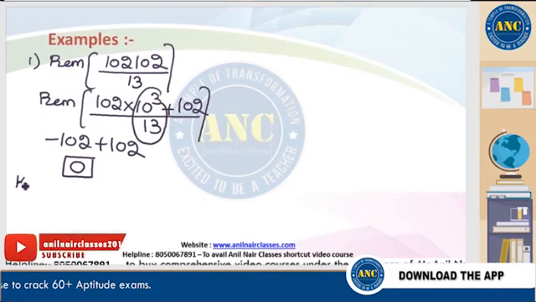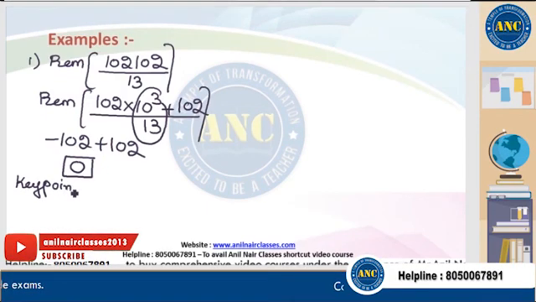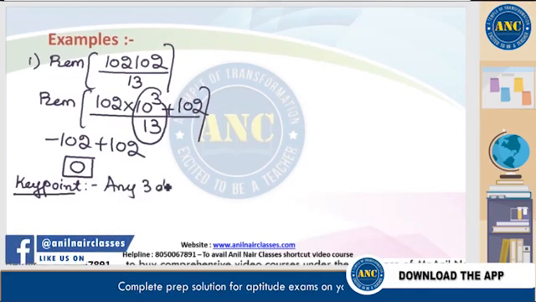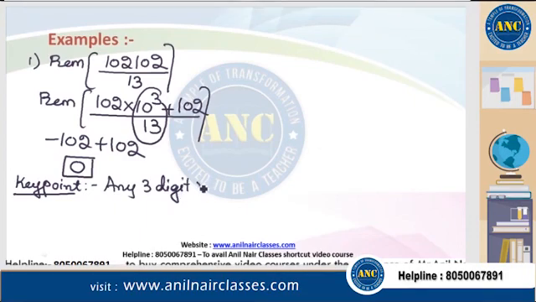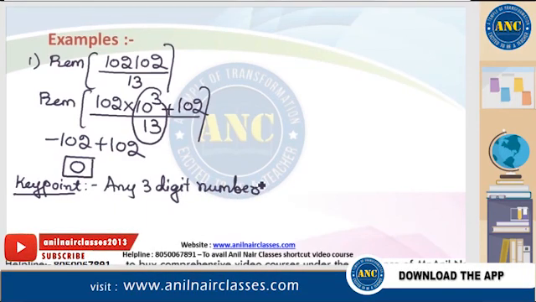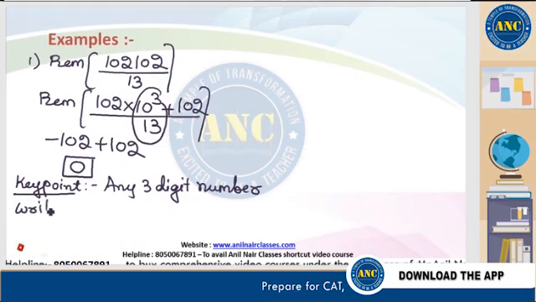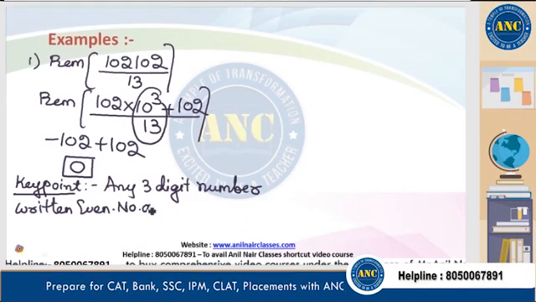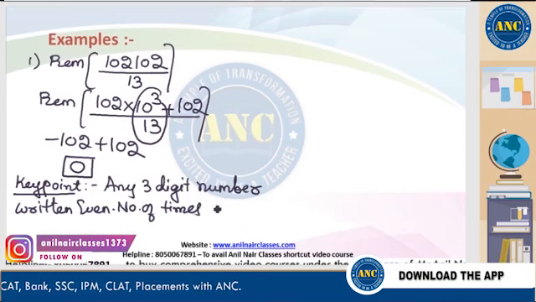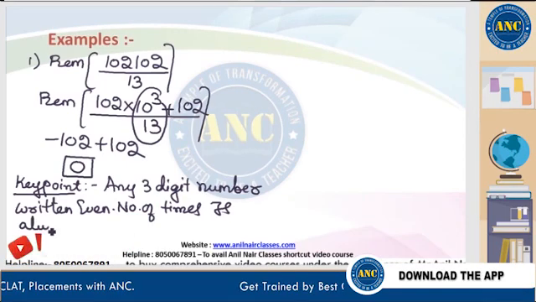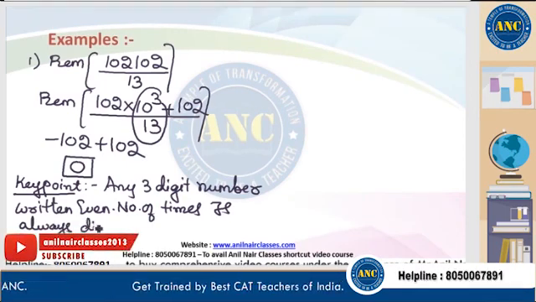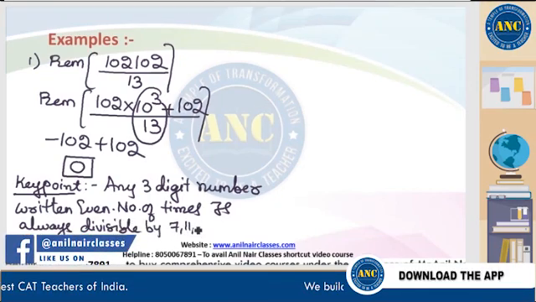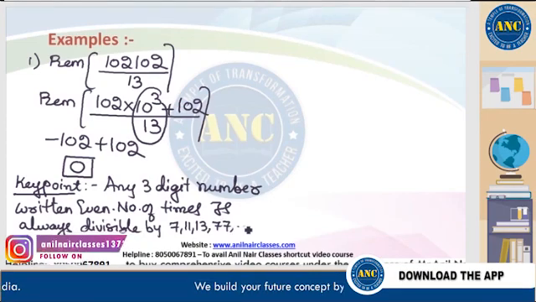Extremely important key point: any 3-digit number written even number of times is always divisible by 7, 11, 13, 77 and so on up to 1001.